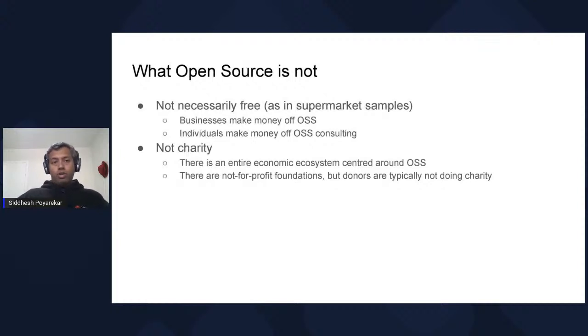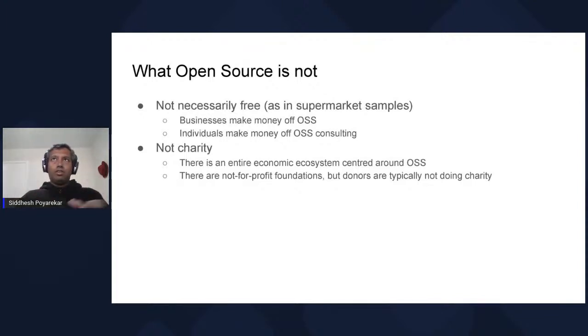So there are not-for-profit foundations, but even the donors to those foundations are not donating for charity. They're donating to make sure that the projects those foundations control or maintain survive, and those projects will have strategic importance for those donors. So that is essentially the ecosystem.